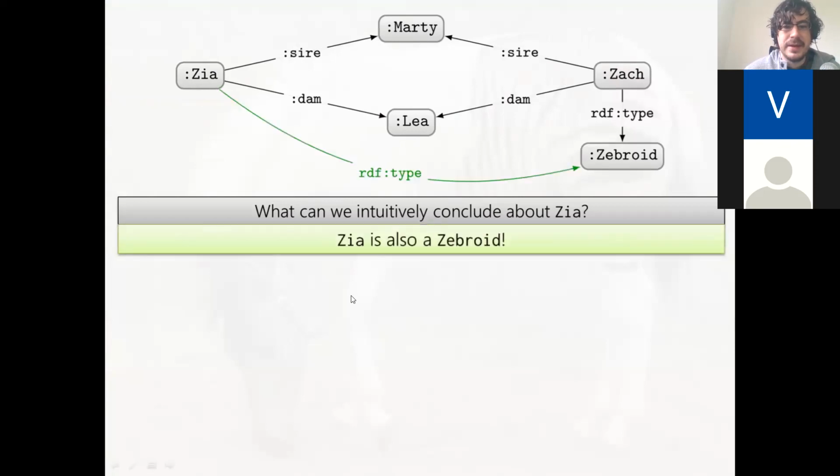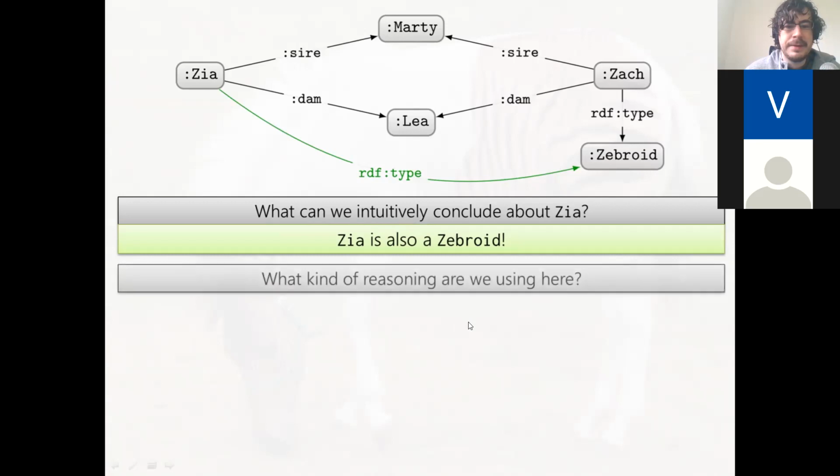It's an interesting example because if we think about how we figure this out, it is maybe something that we would figure out in a very intuitive way. But why? How do we figure this out? What kind of reasoning do we apply for this? Maybe one could argue that it's inductive, that somehow people learn from lots and lots of examples that this is the case.